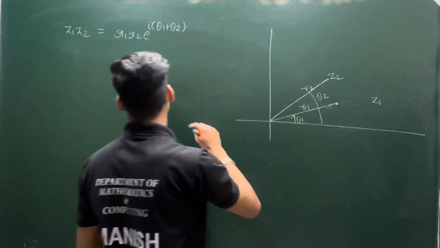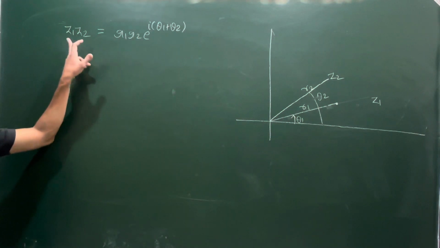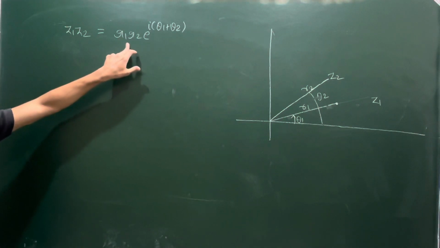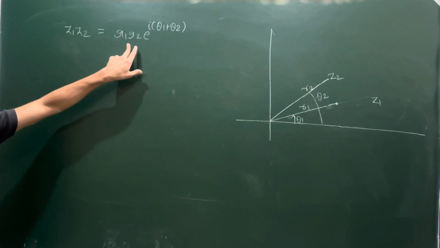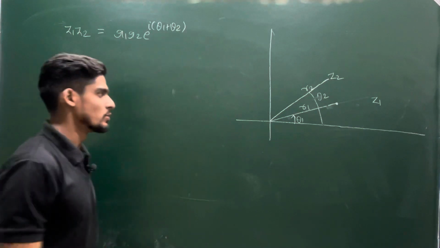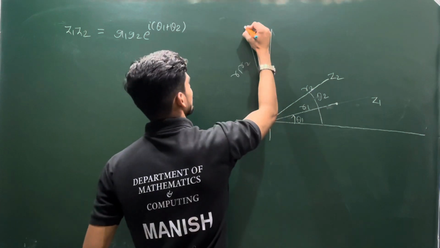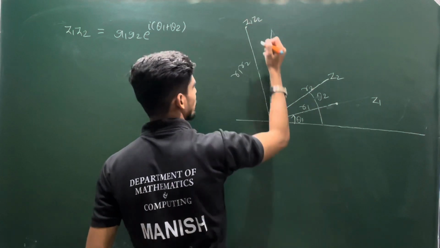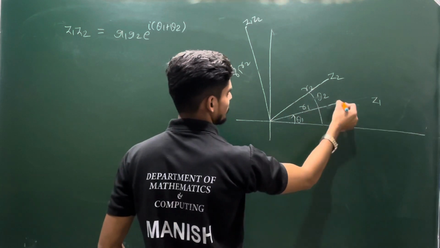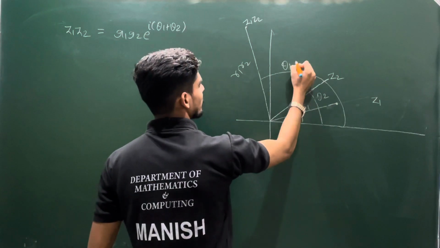And what is your z1 z2? The modulus of z1 z2 is the same as r1 times r2. So you are predicting your modulus also. So say this is r1 times r2, this is z1 z2, and this angle is theta 1 plus theta 2.